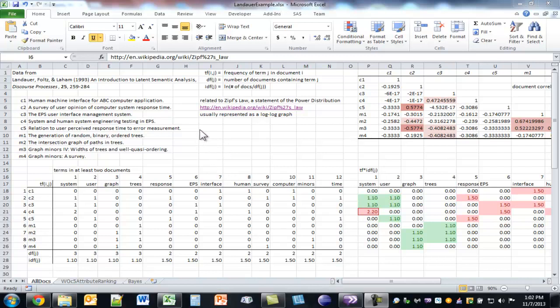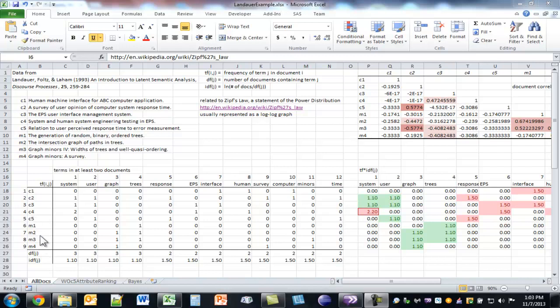Basically, a term document matrix has a bunch of documents, and here we have an example of like 9 of them that I got from a paper by Landauer and his folks. He's one of the leaders in text mining and semantic analysis.